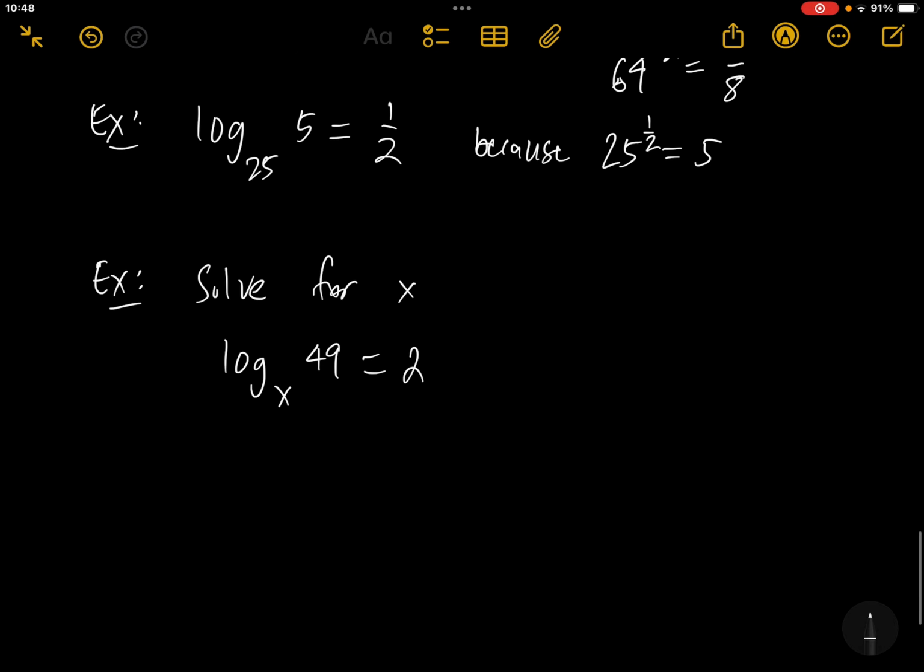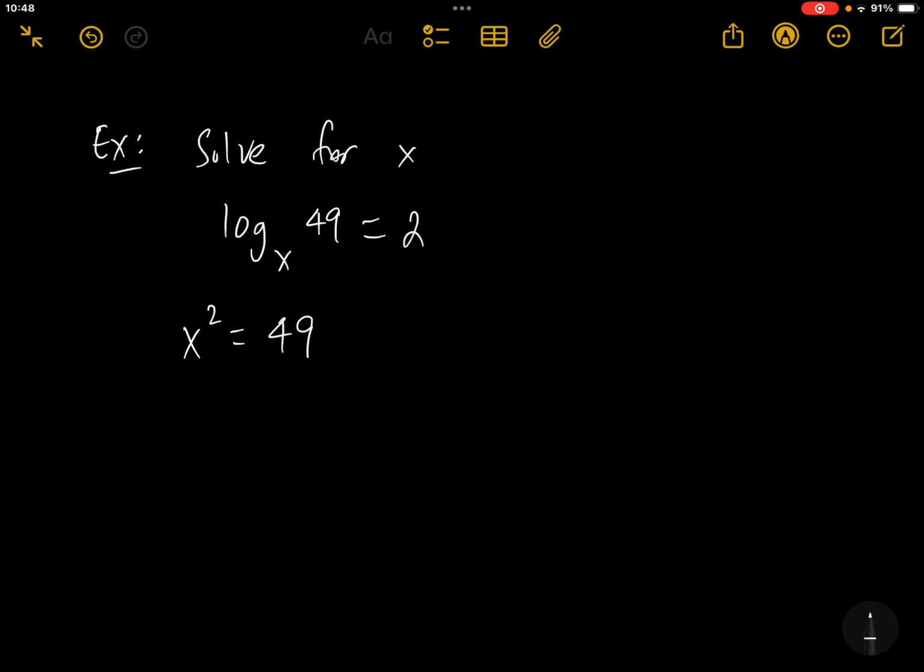So again, we're going to convert this into a statement about exponents so that we can better understand what this is saying. This is saying that x squared is 49. Well, if you were to solve x squared equals 49, you would get two solutions, right? You would get 7 and negative 7.